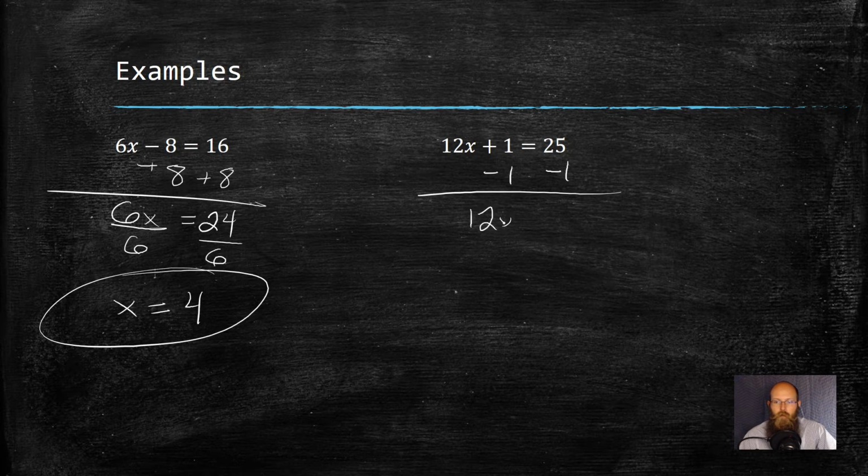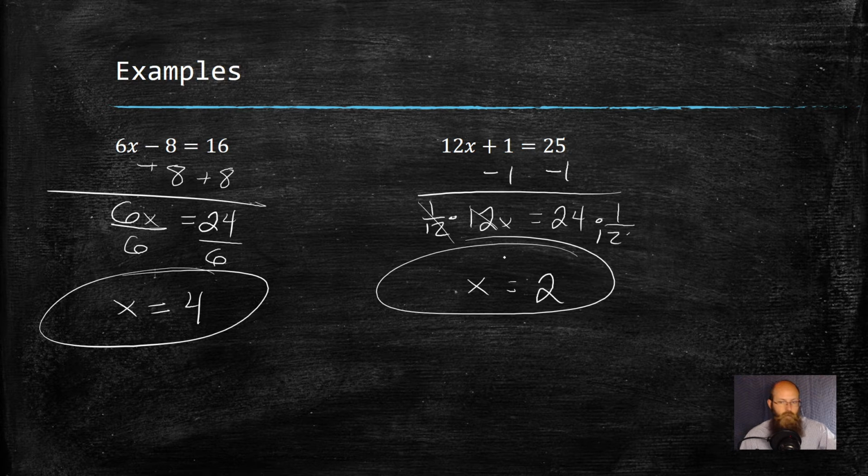So now I have 12x equals 24. How do I get x by itself? Well, I need to get rid of that 12, so I can divide by 12 or multiply by a 12th. Either one will get the job done. On the left, that all cancels, and then I have x equals 24 times 1/12, or 24 divided by 12, however you like to think about it. That just gets me a 2.